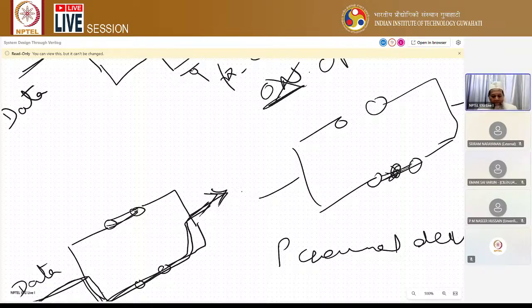So if both are zeros, N channel is 0 means it will be off, and P channel is 0 means on. So one of them is on, and there is a short circuit path from input to output. In case of 0, 1, both will be off. In case of 1, 0, one of them will be on. Between these two, these are the possibilities.